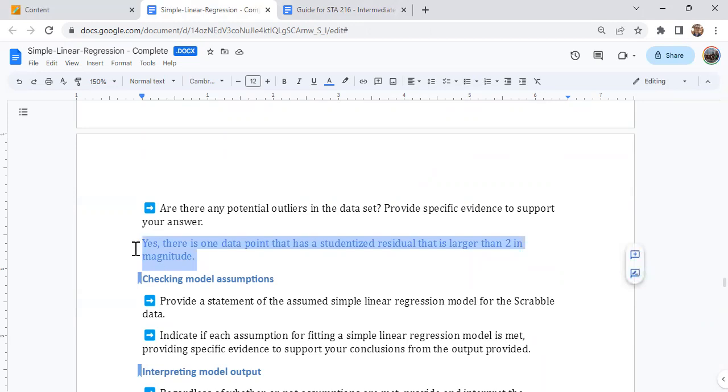Have you heard of the student's T distribution? I think we've talked about that maybe. So the T distribution is also called the student's T distribution because the person who originally published the results about it was working for Guinness, like the beer company, and wasn't allowed to show their methodology, but he still wanted to publish in a journal.